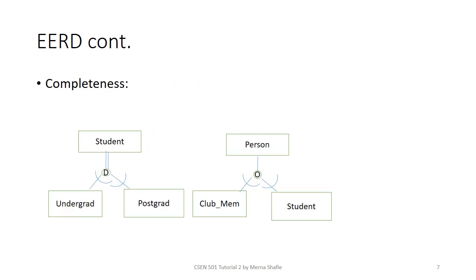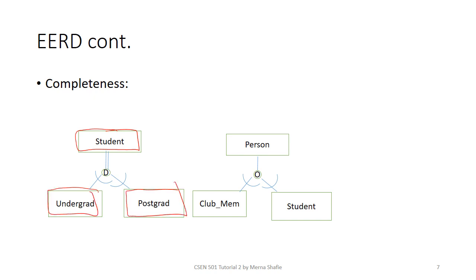So this is it. Now what is left is the completeness. برضو when talking about super and subclasses there is what we call completeness. يعني ايه بقى completeness؟ احنا قلنا disjoint و overlapping معناهم ايه؟ طب let us كده understand quickly what these two EERDs denote. عندنا هنا student that is an entity and it has its subclasses undergrad and postgrad.